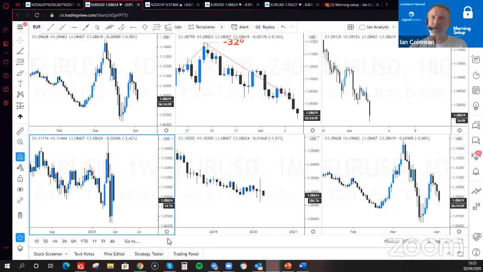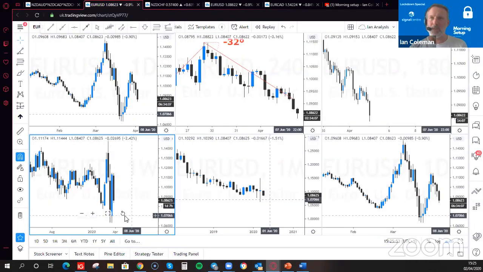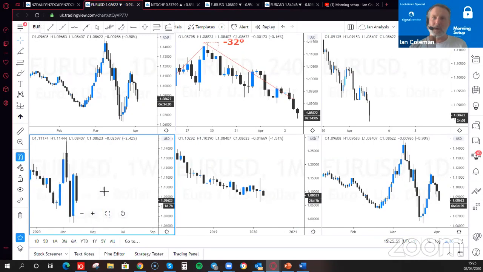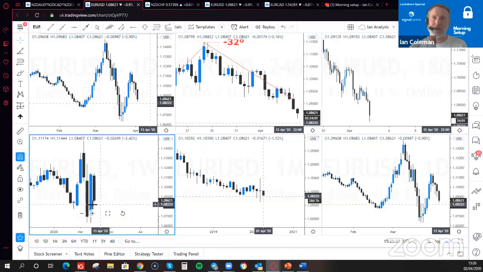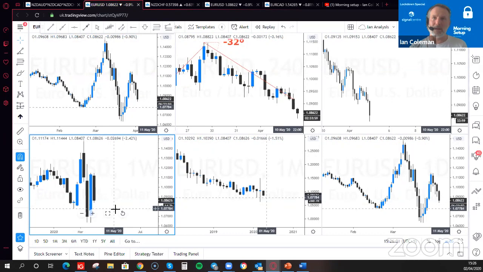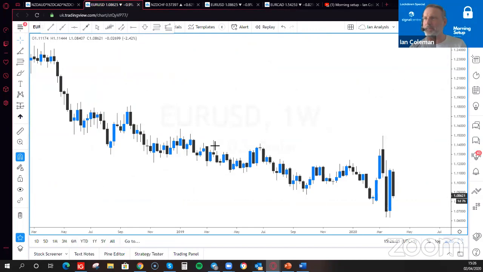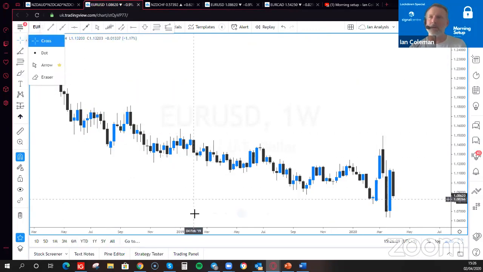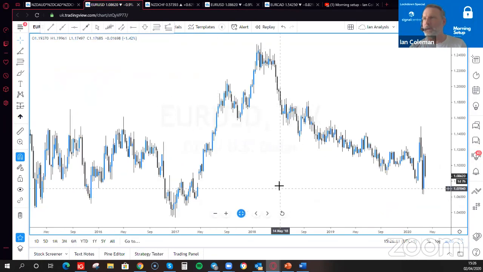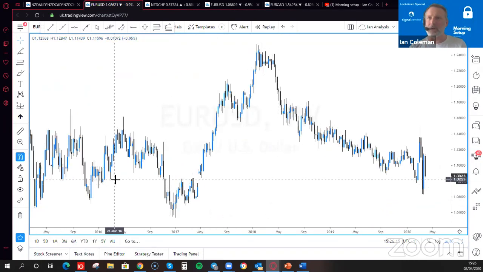If we go to this chart, so we're trying to get our bias, we sort of already know our bias in the back of our heads at the moment. But it's a bullish outside week, previous support round about here. If we expand it out, let's have a look. Okay, so quite a decent, if you look back over the chart, we've got a decent confluence area here.